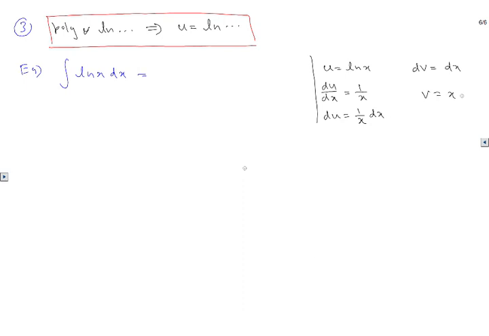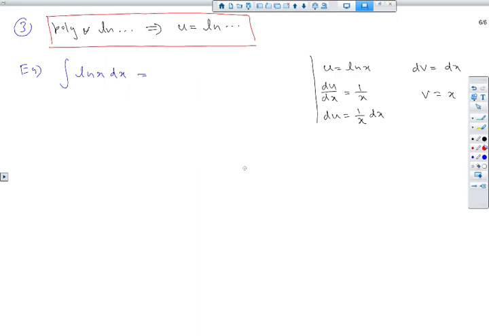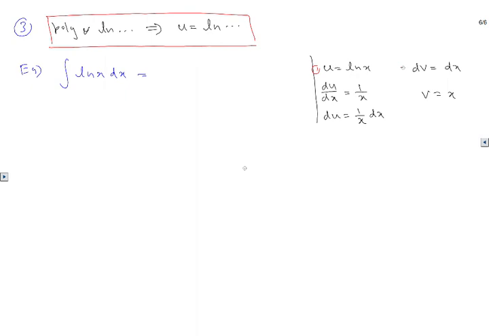So we have everything we need, all 4: 1, 2, 3, and 4. Let's plug in uv minus the integral of v du. uv, the product of the two, is x ln x, minus v, which is x, times du, which is 1 over x dx.